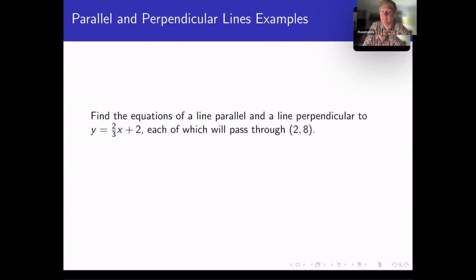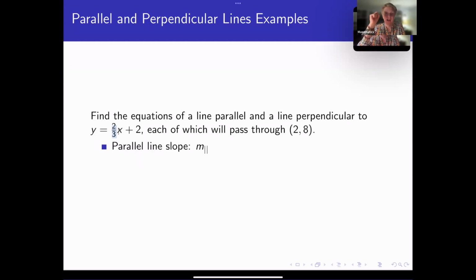Okay, so let's find the equations of a line parallel and perpendicular to y equals 2/3 x plus 2, each of which will pass through (2, 8). Well, here we have y equals mx plus b. The parallel line slope: here, slope is 2/3.